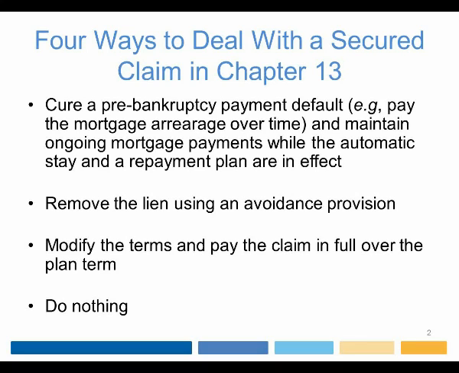And then finally, the consumer can just decide to do nothing. That may not benefit the consumer, but usually that would be in a case where the consumer is filing a Chapter 13 to deal with some other problem. Maybe it's a car loan, and again, I'm talking about mostly mortgage cases here, but there may be other reasons, such as dealing with a domestic support obligation or something like that.